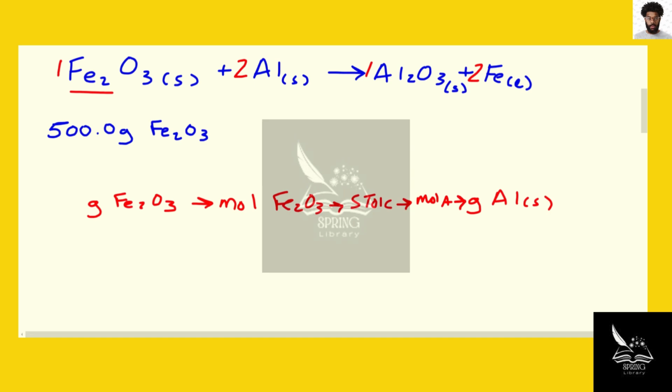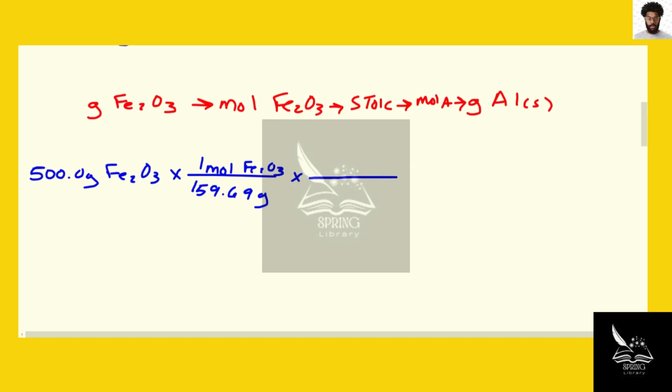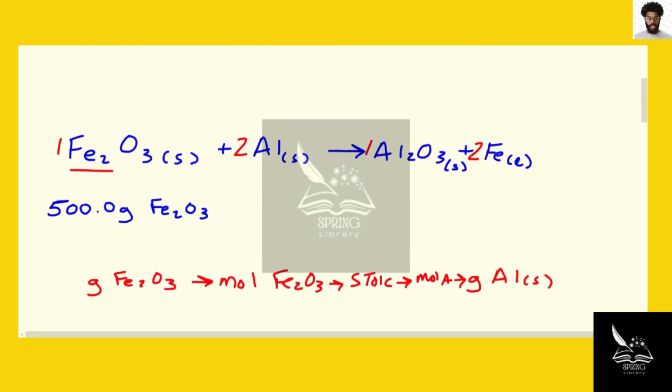So here's our process. Let's get started. We have 500.0 grams of iron 3 oxide. We're going to multiply that by the molecular weight of our iron 3 oxide, which I have calculated as 159.69 grams to 1 mole of our iron oxide. And then we're going to do our stoichiometry step. Let's scroll back up to our equation.